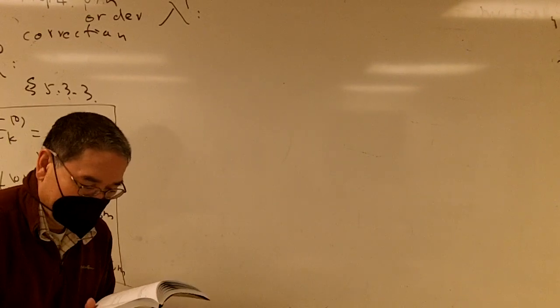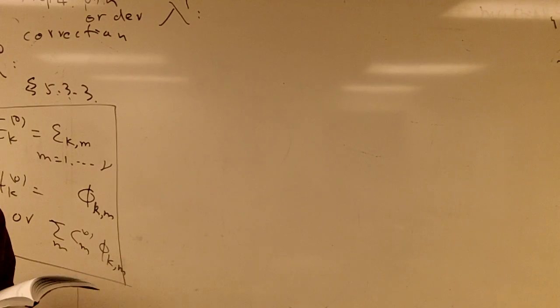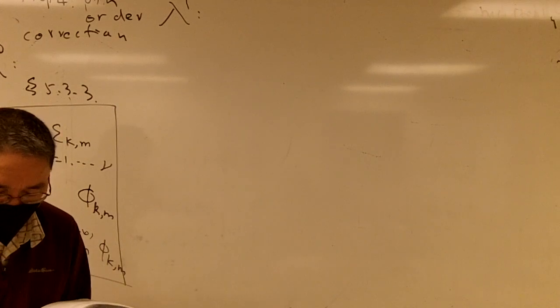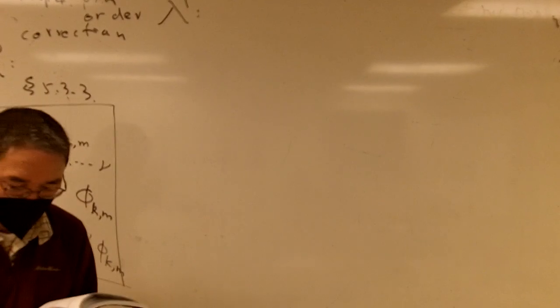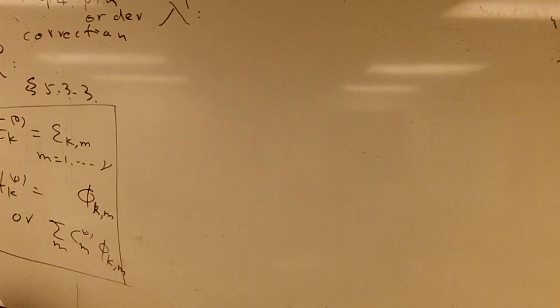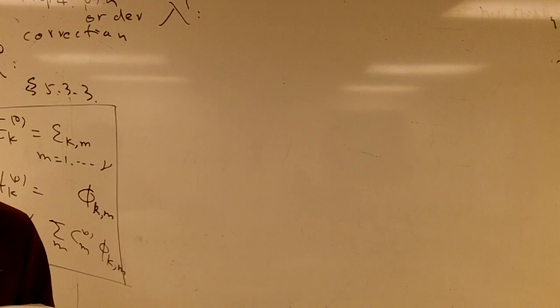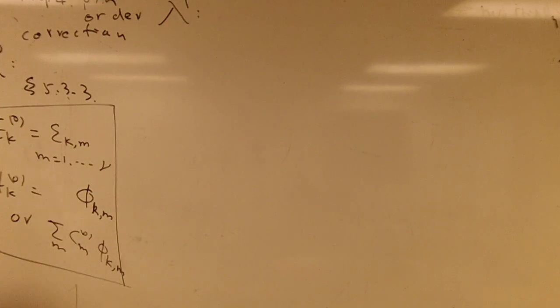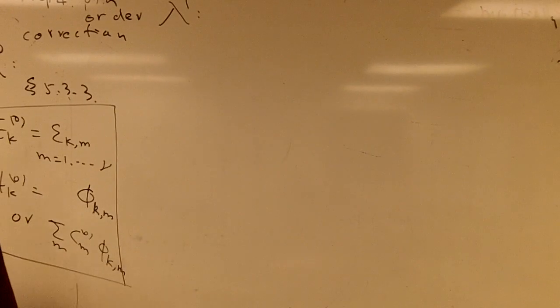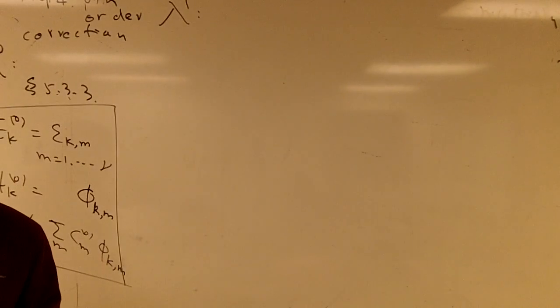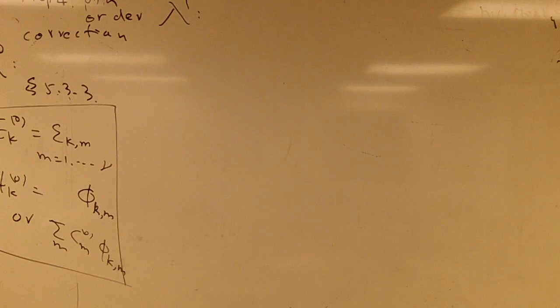Since bra phi sub k, ket phi sub j equals delta kj and bra phi sub k, ket phi sub i equals delta ki, the equation can be further reduced to e sub k 0 c sub k 1 plus the sum from i equals 1 to mu, c sub i 0, bra phi sub k, h sub I hat, ket phi sub i equals e sub k 0 c sub k 1 plus e sub k 1 c sub k 0.